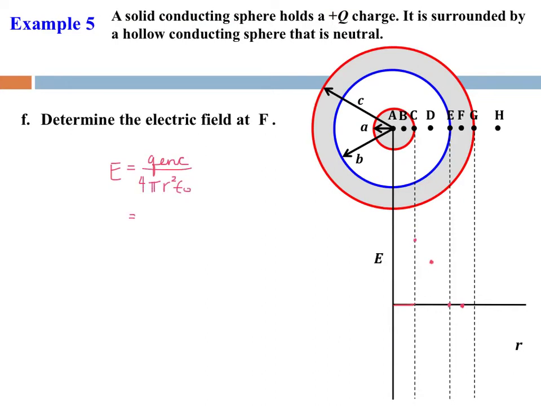It is important that you go through the process of proving it, because you can get a lot of credit just by showing your math and proving, not just saying, oh, inside of a conductor it's 0, but actually showing that. In this case, R is in between B and C.